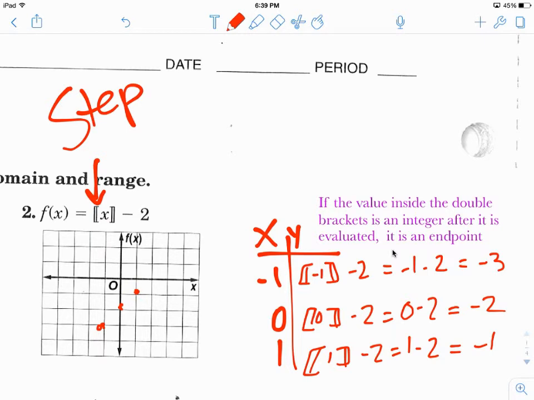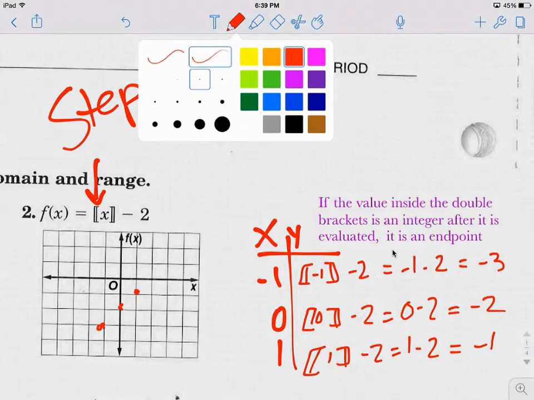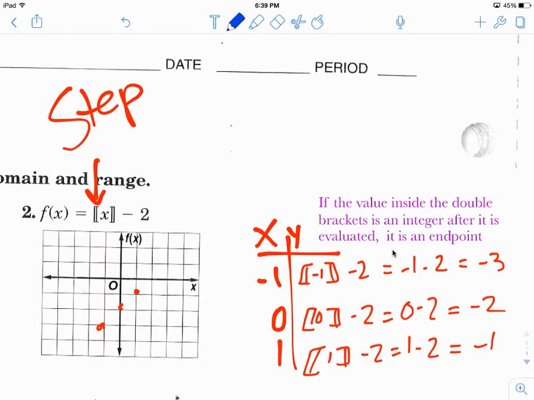So this right now looks like a line. It does not look at all like a step function. So what we have to do is once we have all these endpoints, and it might happen naturally, but sometimes we have to help it out, we're going to pick points in between our endpoints. So maybe I want to pick, say, 0.7, which is between 0 and 1. So I need to figure out the greatest integer at 0.7.